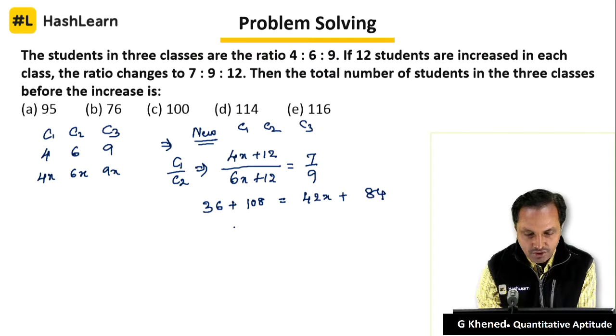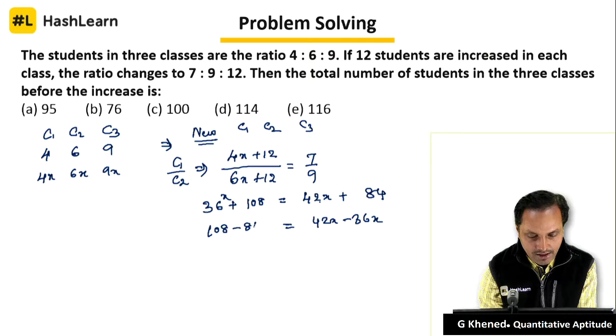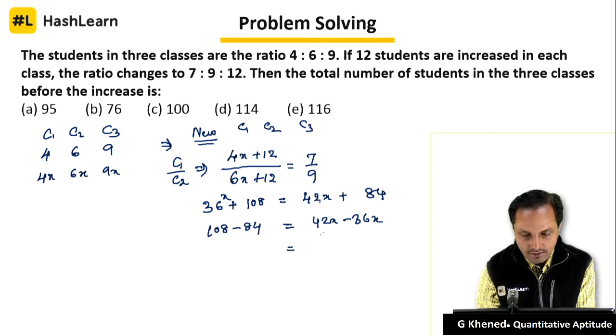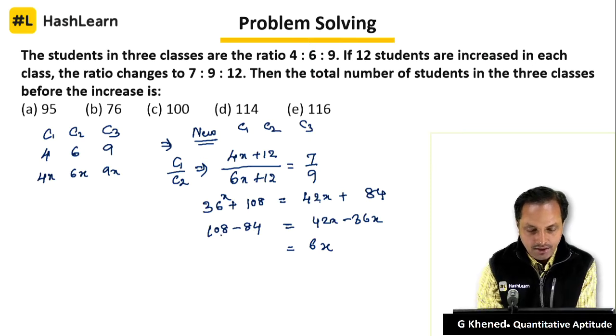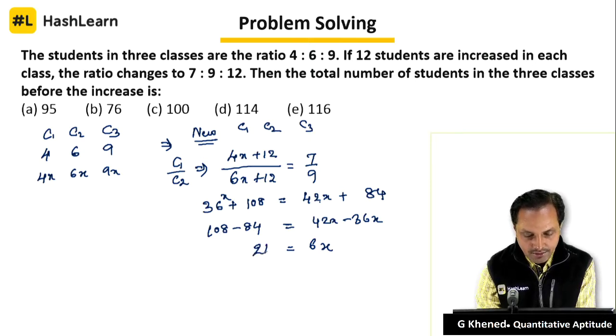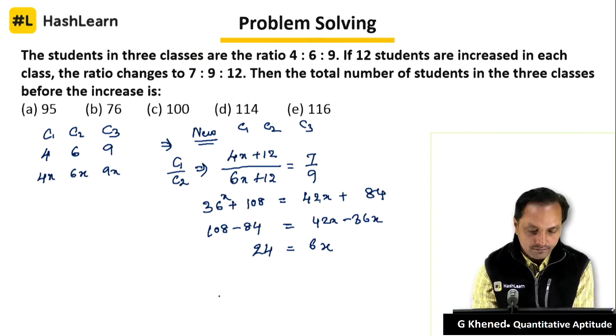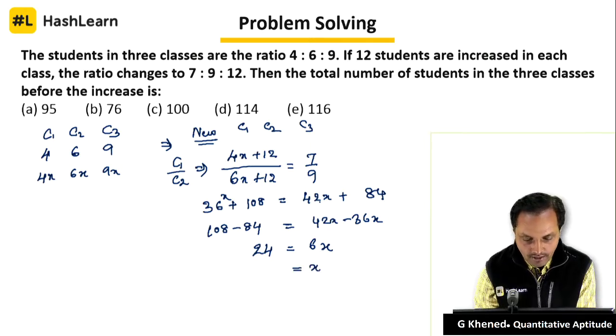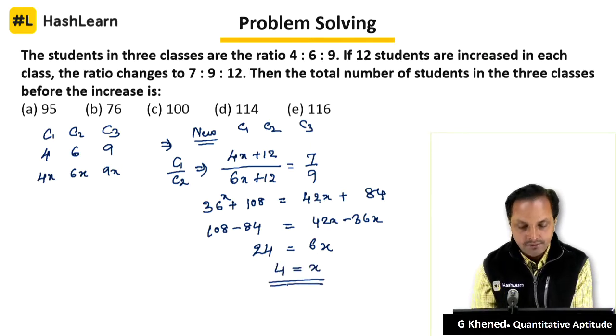So that should give you 42x minus 36x, 108 minus 84, that should give you 6x, and this is 24, 6 into 4. So your final x will be equal to 4.